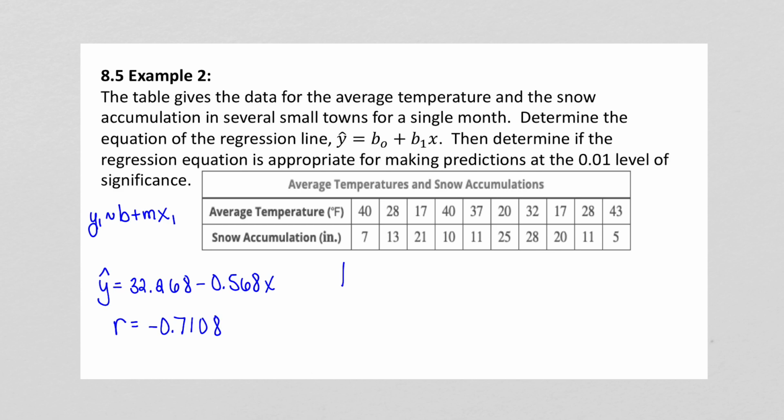So we compare the absolute value of R, which would be positive 0.7108. And in this case, N is 10, I believe. We're just counting 1, 2, 3, 4, 5, 6, 7, 8, 9, 10. Yep. And we want the 0.01.